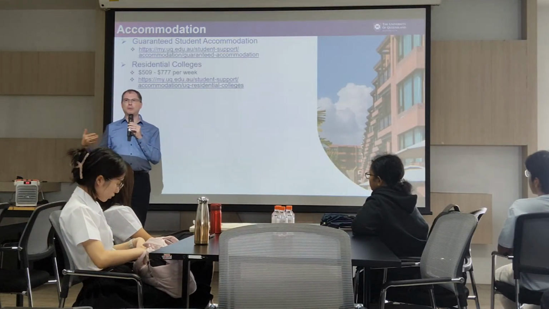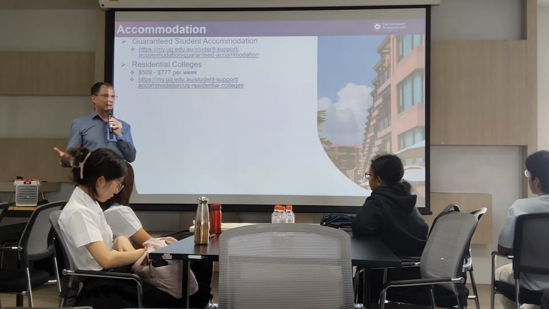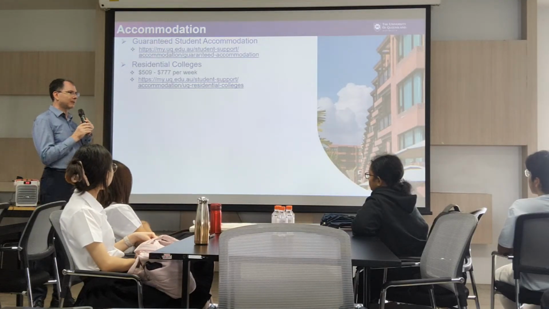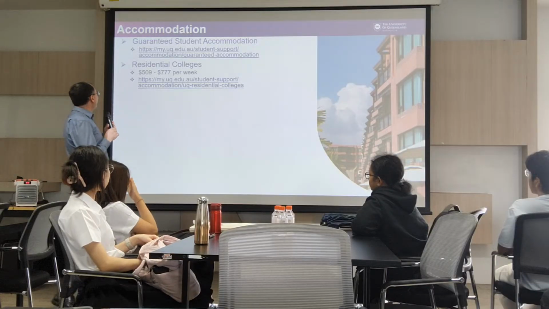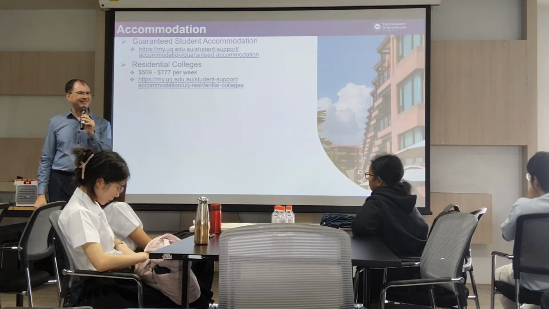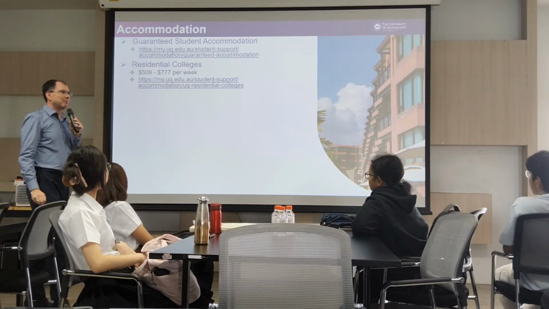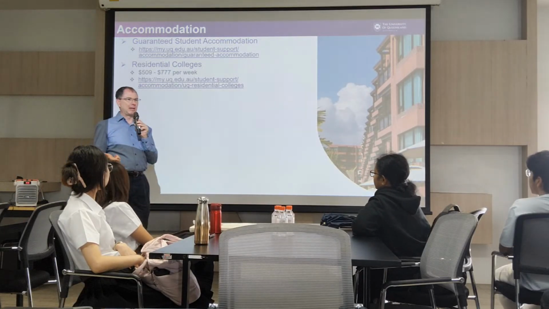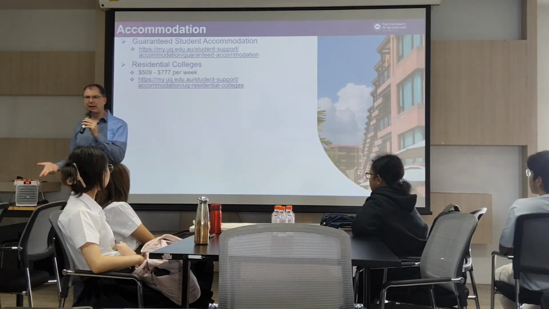So they have tutors who live in the colleges and can help you with assessment and activities and learning things and subjects. So the residential colleges are expensive, but that's because you're paying for not just accommodation, you're also paying for your meals and also all the extra support.